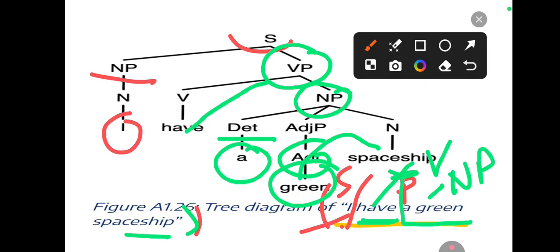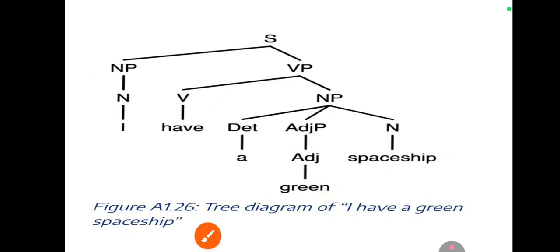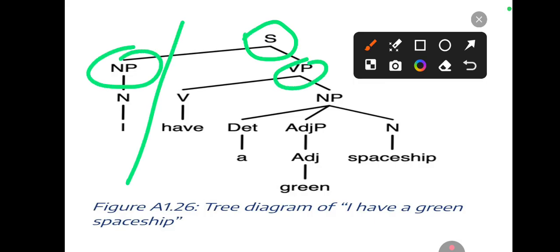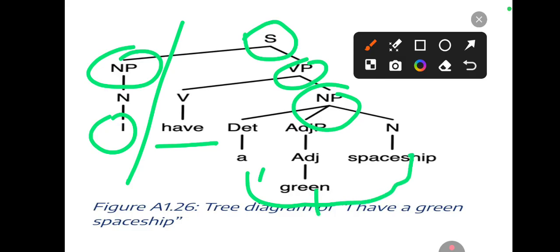This way this sentence will be analyzed, right? Sentence, then noun phrase, then verb phrase. The noun phrase is "I", which is separated, then "have" is the verb, then again in this verb phrase one more phrase is attached, which is a noun phrase, and then the noun phrase will be analyzed this way.